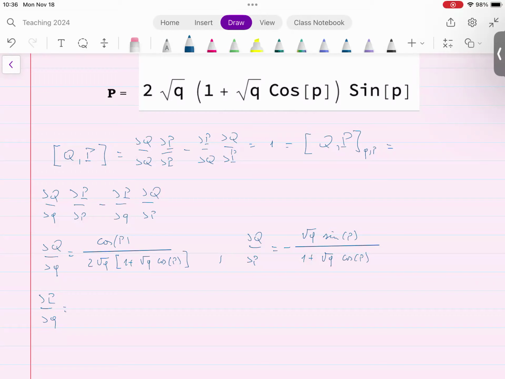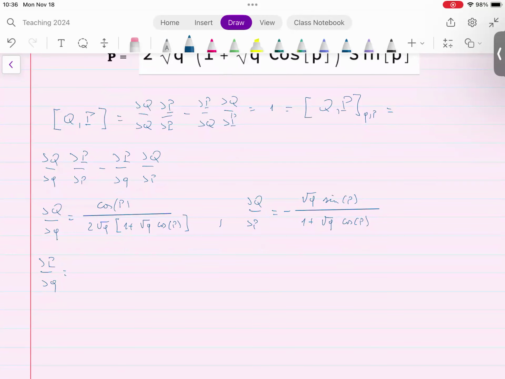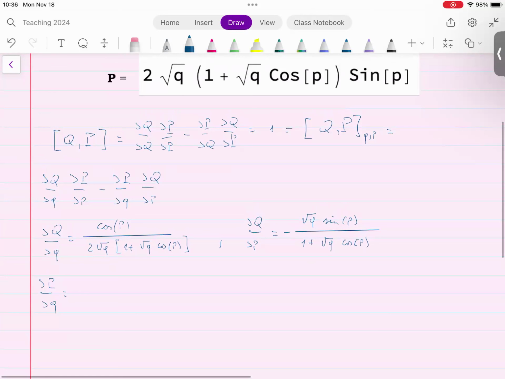So the second one, taking the derivative with respect to q, is just going to give me the cosine of p times the sine of p.